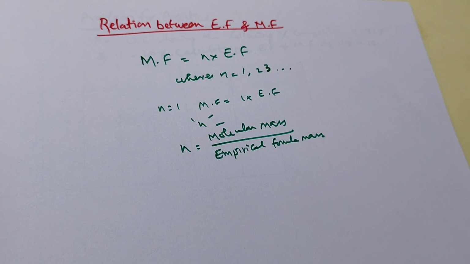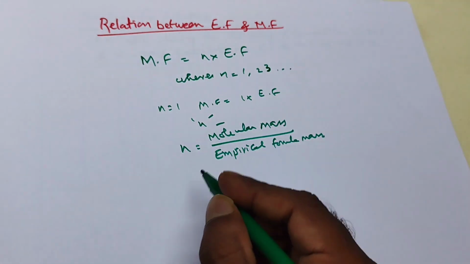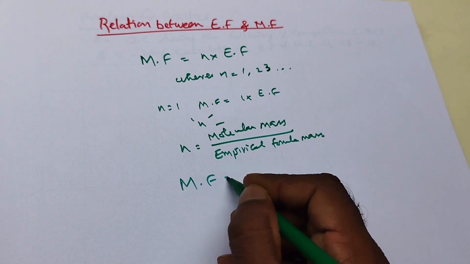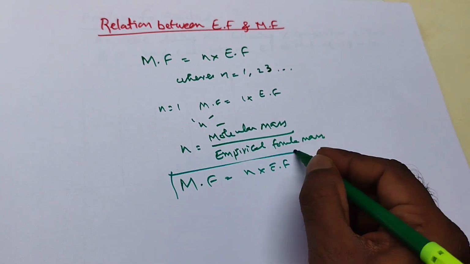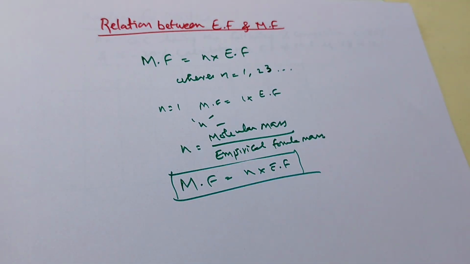The molecular mass of a volatile compound can be determined by the Victor-Meyer method. So if you want to find out the molecular formula, it is nothing but n into empirical formula. So this is the formula for calculating molecular formula.